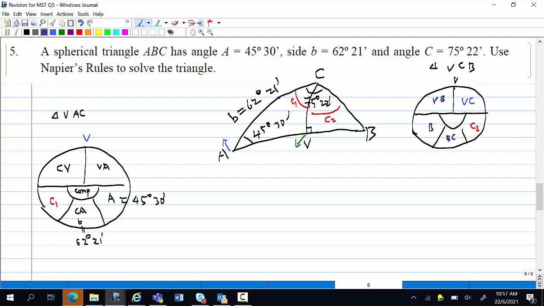So there are two Napier's views here, don't forget the comma. So this is how you set up the spherical triangle and the Napier's views.